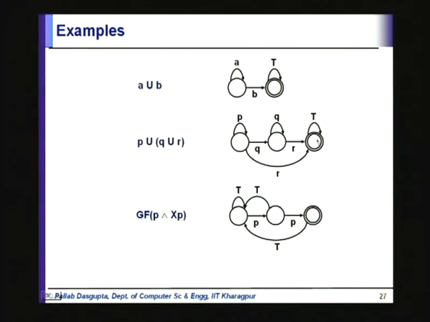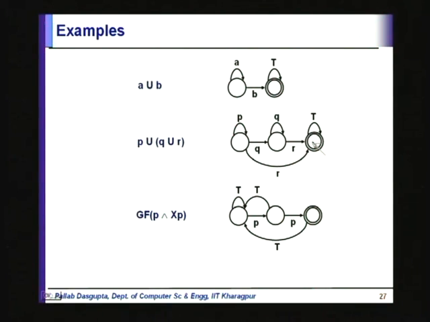It's easy to see that when you reach this state, you already have P until Q until R, because you could have reached here after getting R directly, or after getting P several times and then Q several times and then R, or Q straight away and then R, or Q straight away and then several Qs and then R. For each way in which P until Q until R can be satisfied, you will end up here, and then you stay here forever.